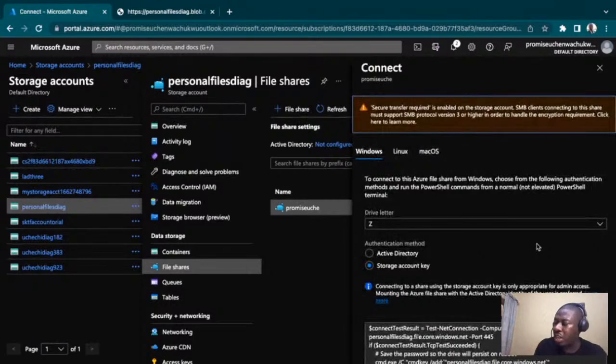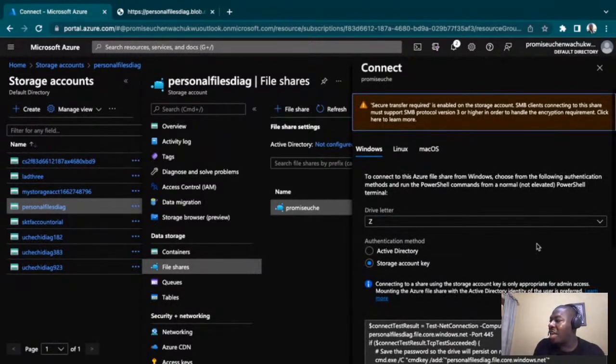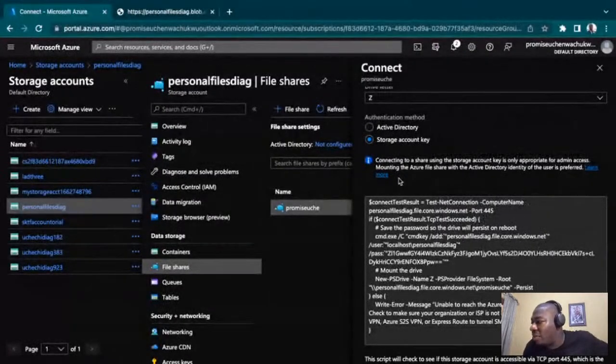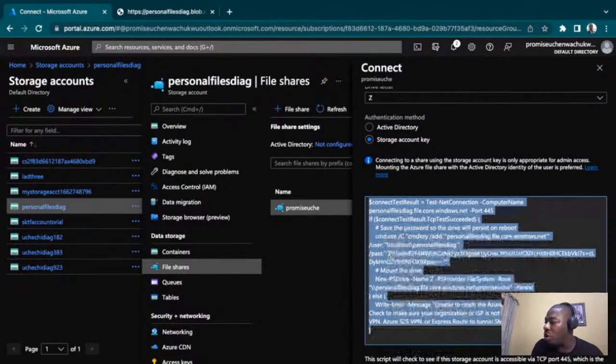Once I click on the connect button, it creates a default command that has been stored there that I can run. Once I copy this command on my Windows system and run it in the CMD or PowerShell, I should be able to have access to this file share on my local OS.